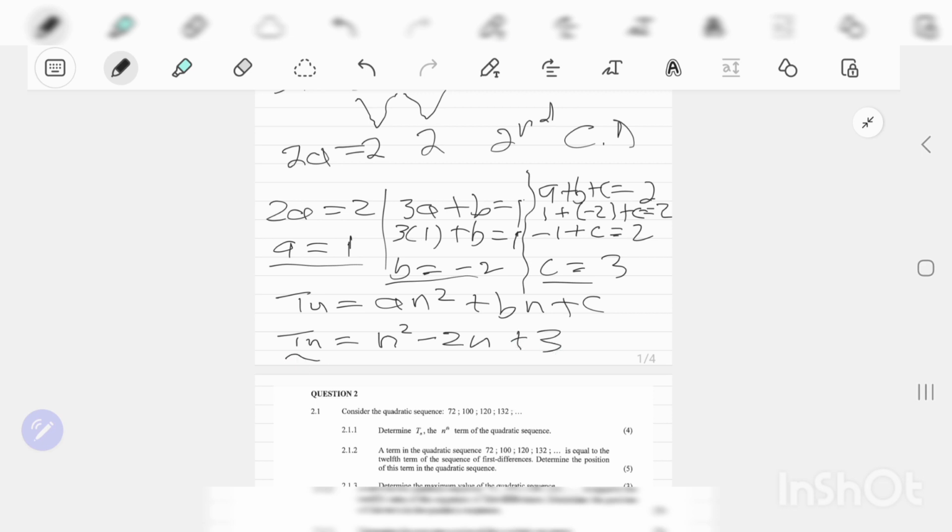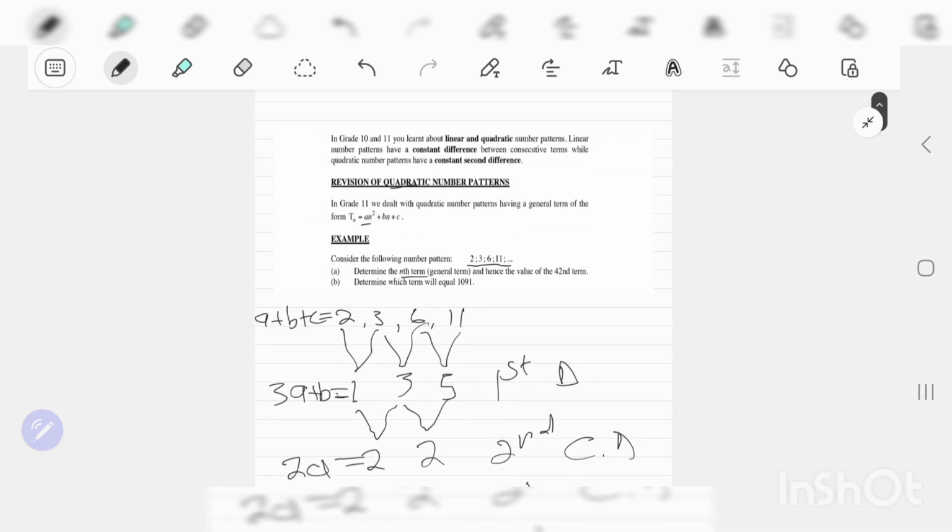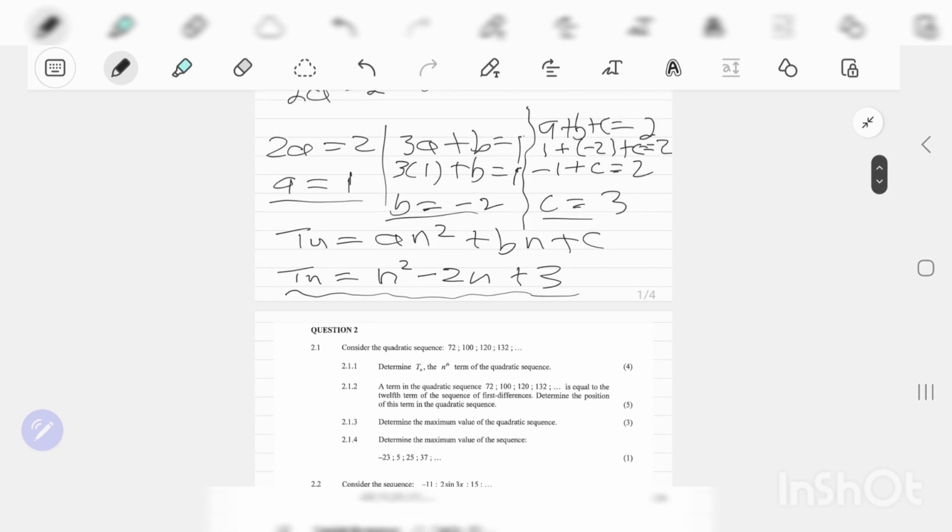So these now, people, represent what? My general term. So this means I've answered the first part of this question, whereby I'm asked to calculate the general term. This is the answer that they were looking for.